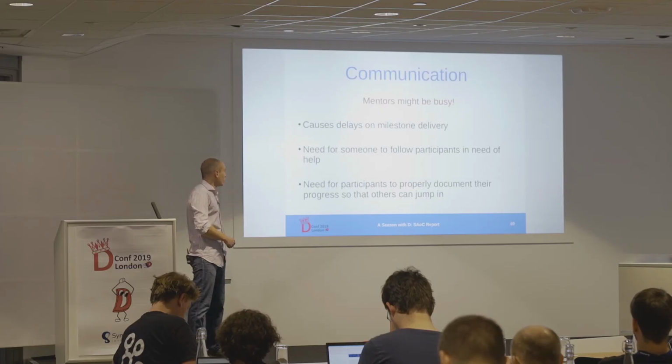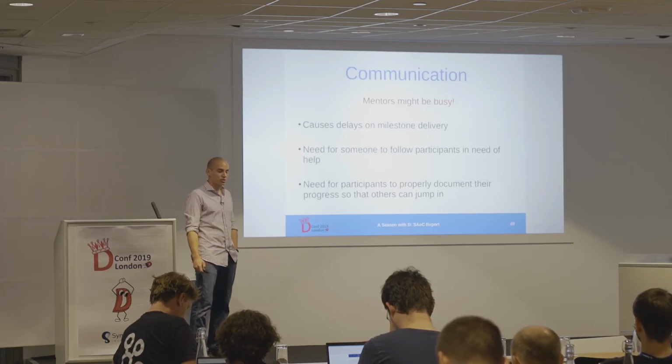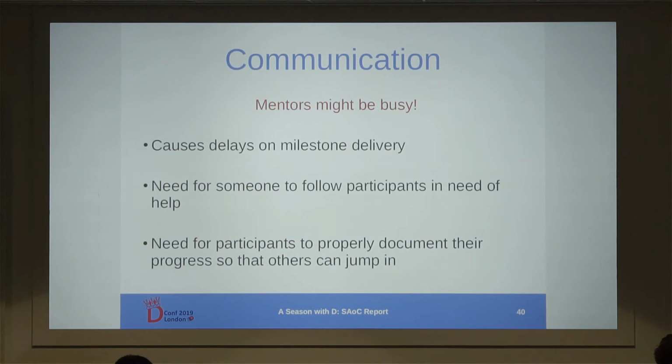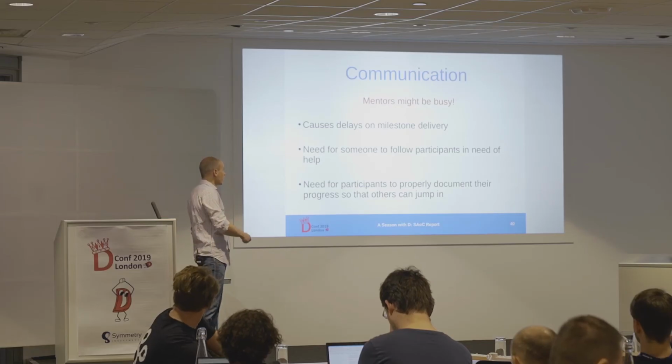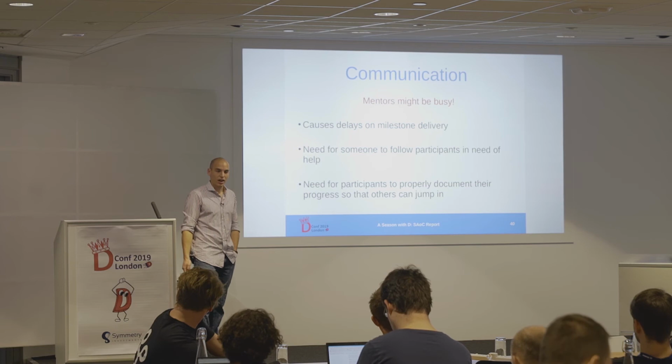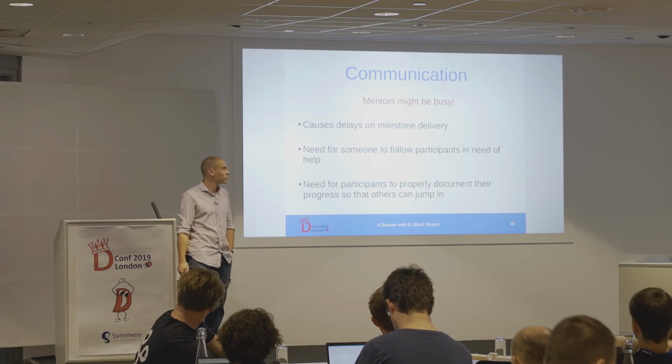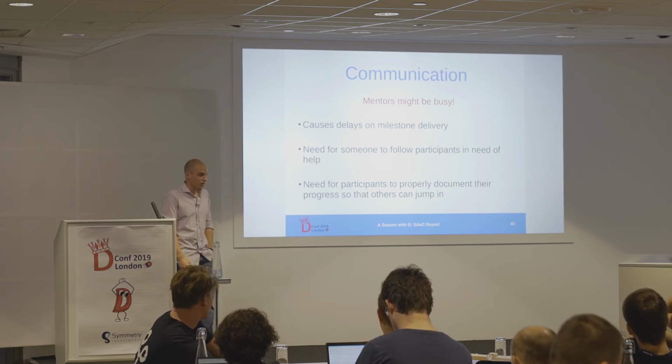So, communication issues. We didn't have many communication issues, but it is true that there were few of us. We were 3, then we came to be 2. We saw that if one mentor decides to be busy for a month, this can cause delays on milestones, and also if the participant has some other schedule for that month, this can cause delays.